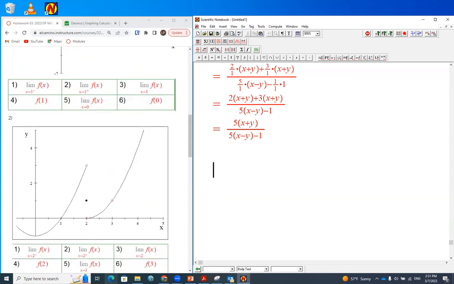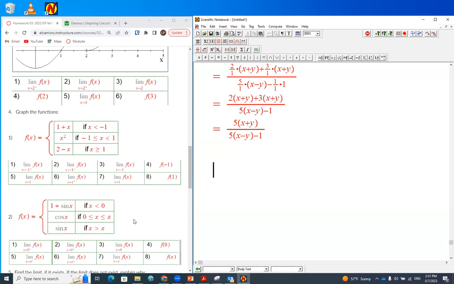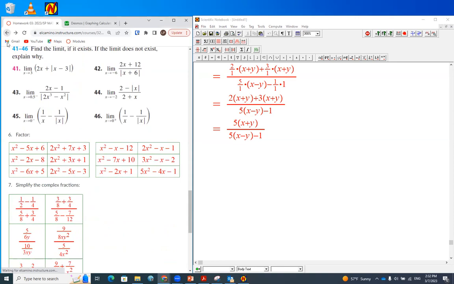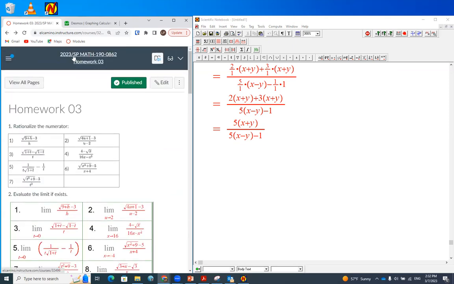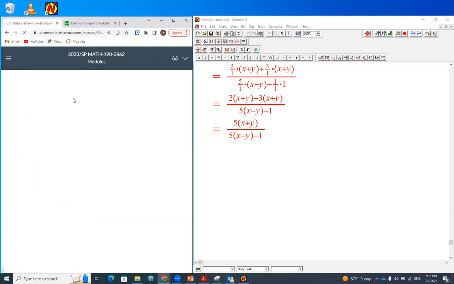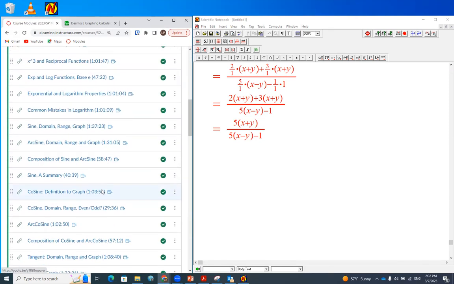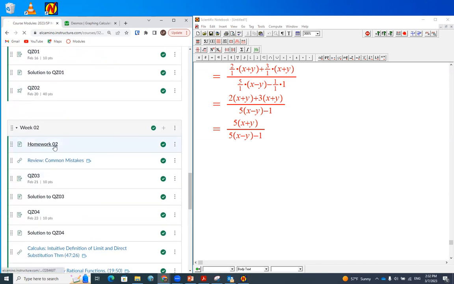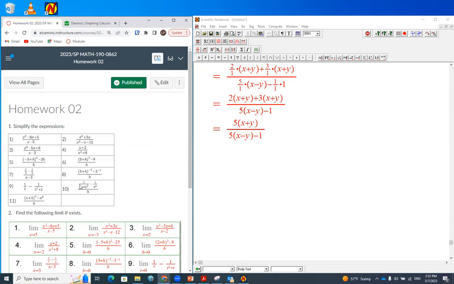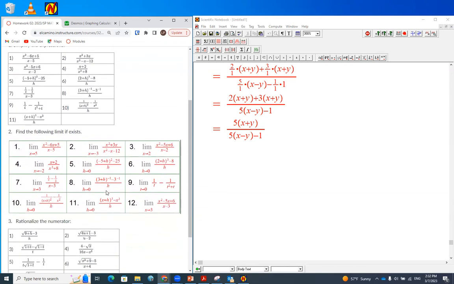This quiz question, which is finding the limit, was first presented back in, let me show you, last week and before last. I think in week 2, you probably already saw that question. You see, we already had these reducing, and the question was asked.